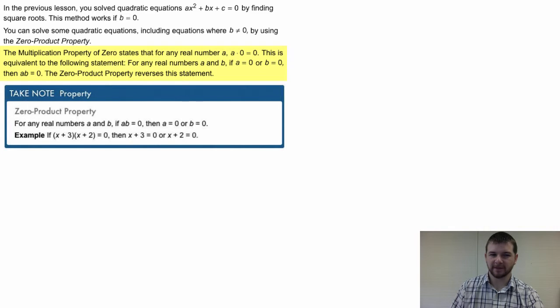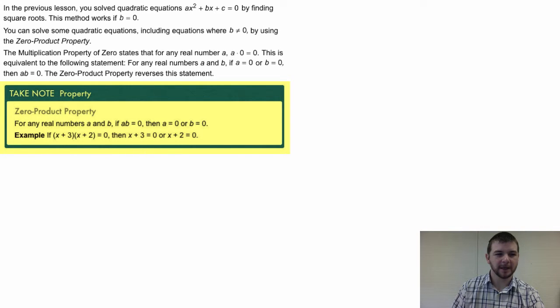This is equivalent to the following statement. For any real numbers a and b, if a equals 0 or b equals 0, then a times b equals 0. The zero product property reverses this statement.